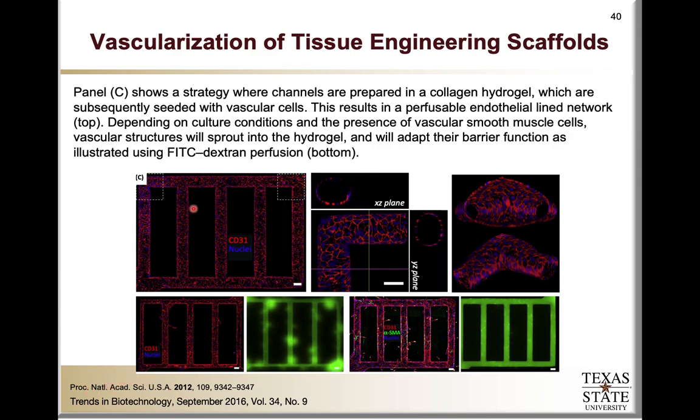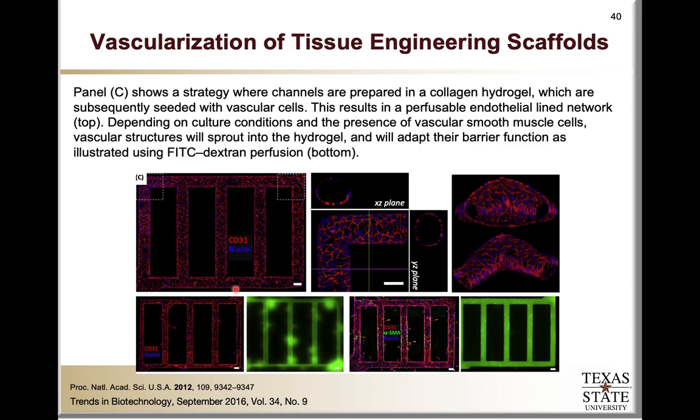And basically what is shown here is that they generated a hydrogel, a collagen hydrogel, I should say, that has been, I guess, modified to be able to include channels. So everywhere where you see this red, that's basically a channel.